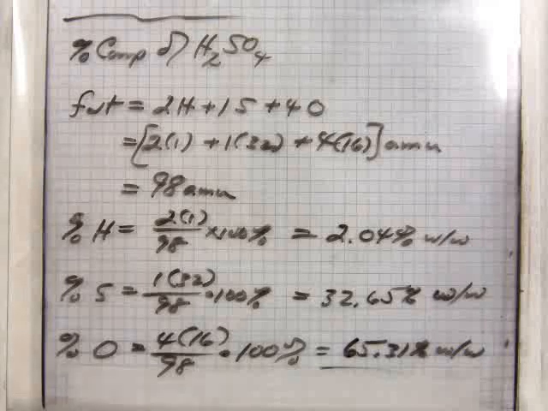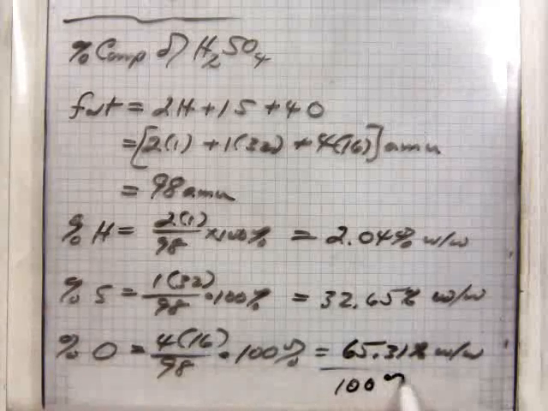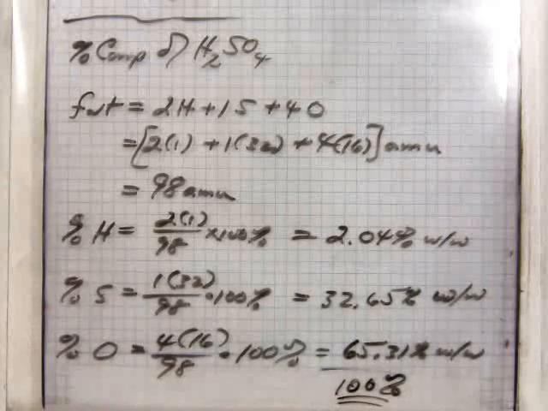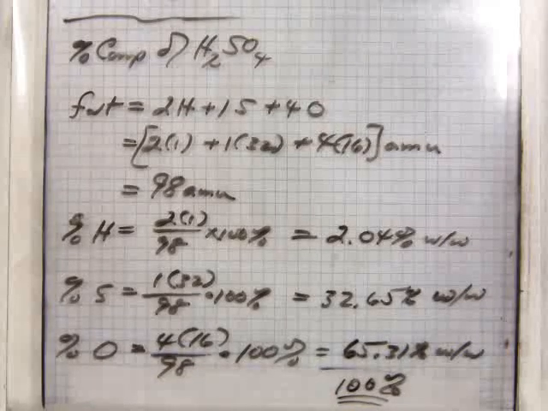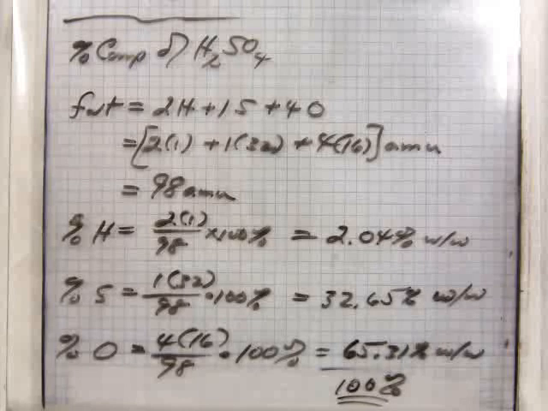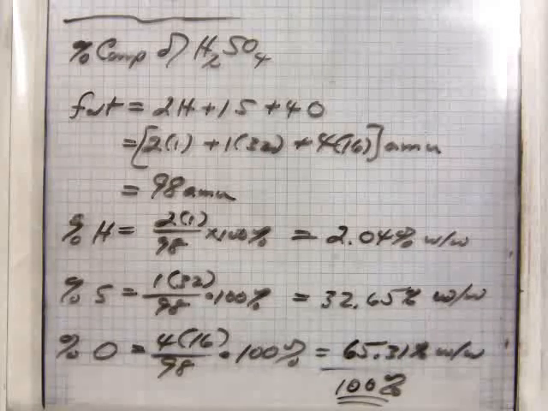So 65.31 plus 32.65 plus 2.04 gives an even 100%. So that just allows you to check your work. Now you'll find you'll need to define percent composition of an element or 2 elements as you go forward in chemistry, and this is a common calculation.